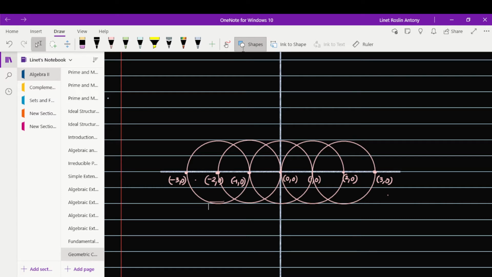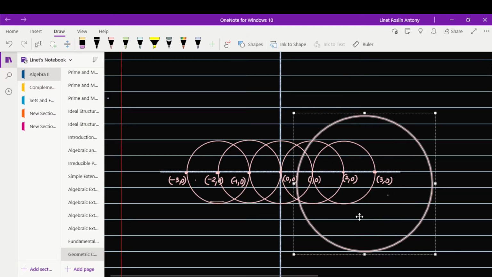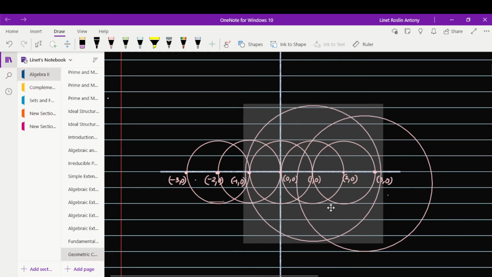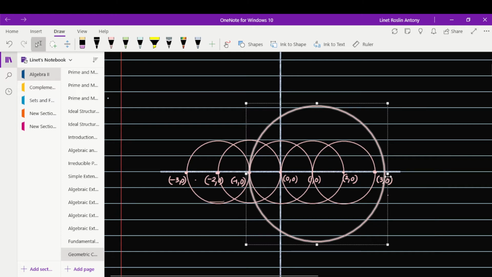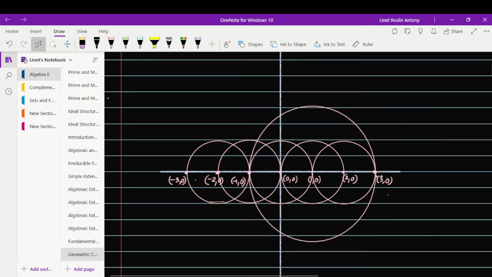Let's see how it will look. It will be a big circle, the circle centered at 1, 0 and having radius 2.